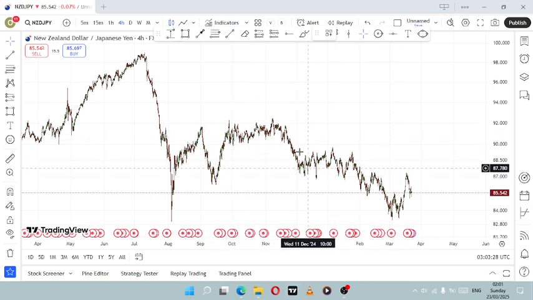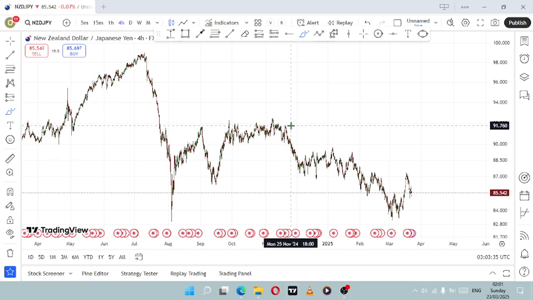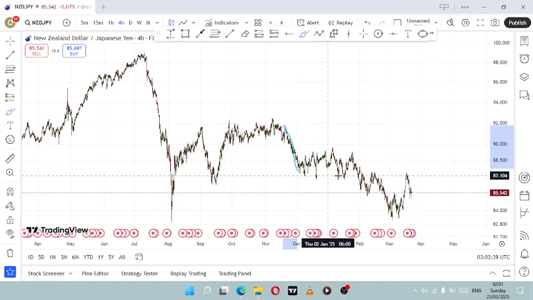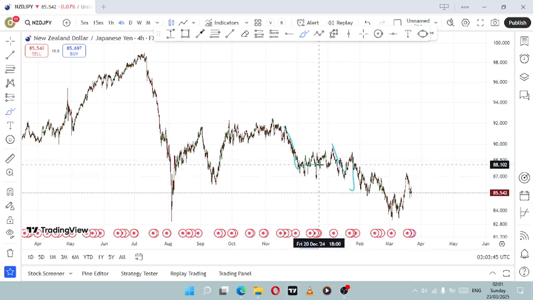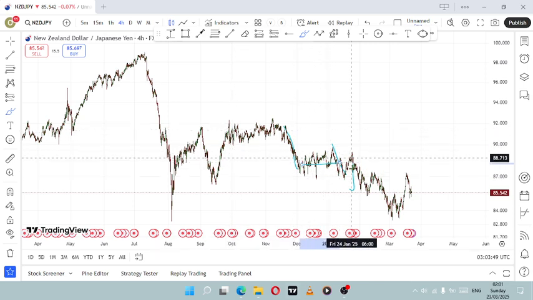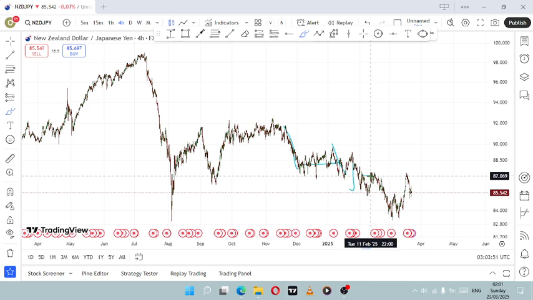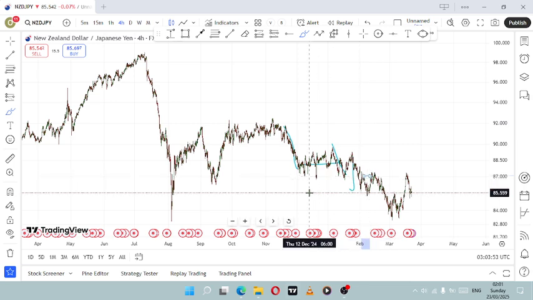Within these runs, multiple opportunities. You can see I was able to capitalize on multiple opportunities in this run, and this run, and this run. Even when we were in these corrective structures, I was still getting opportunities.